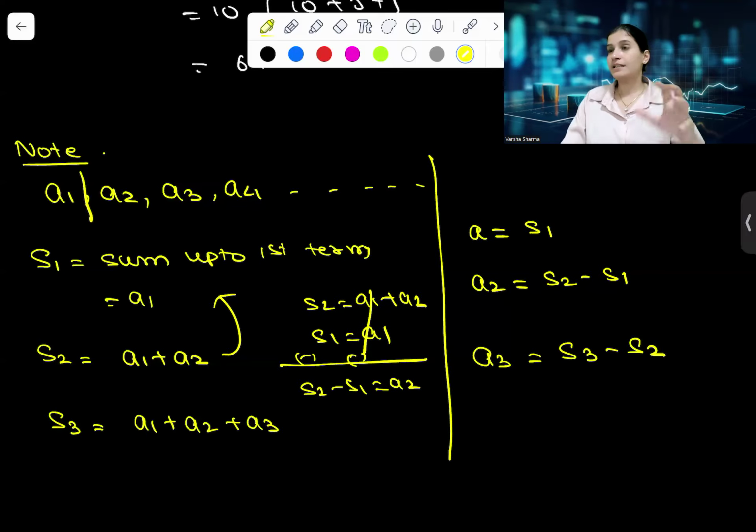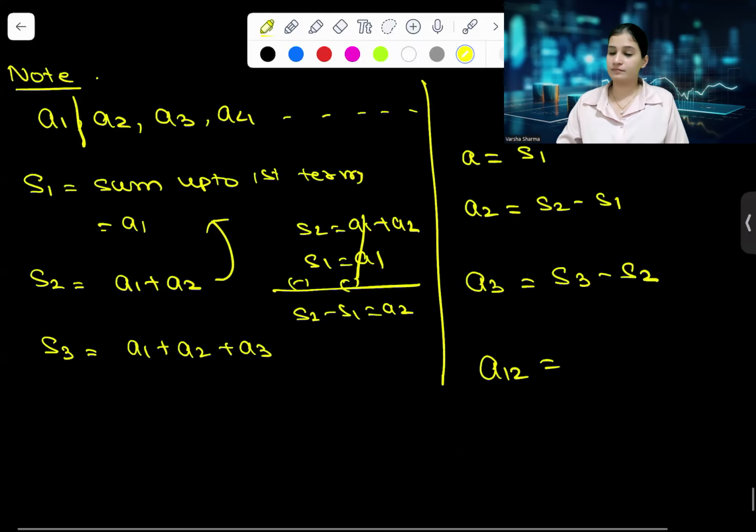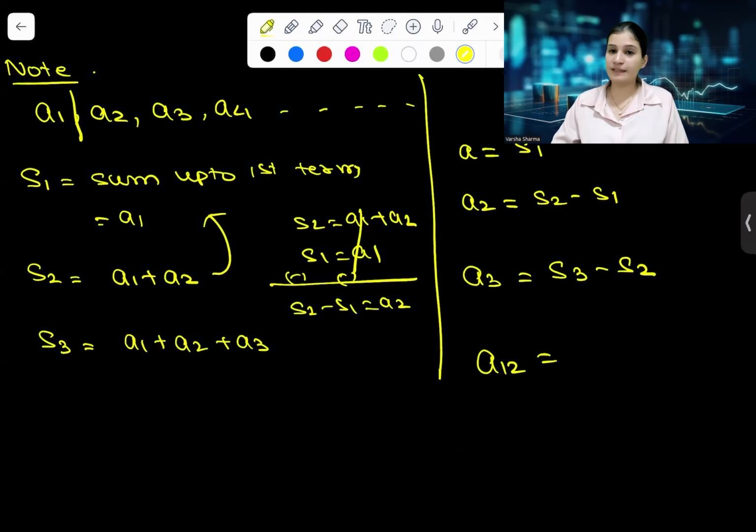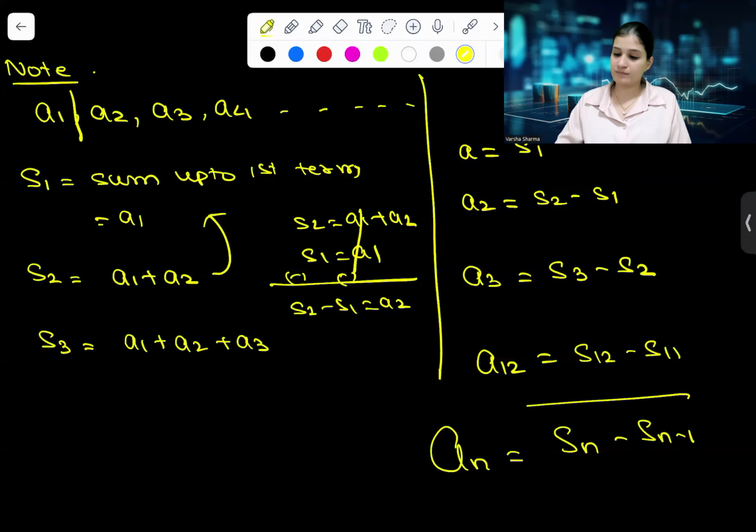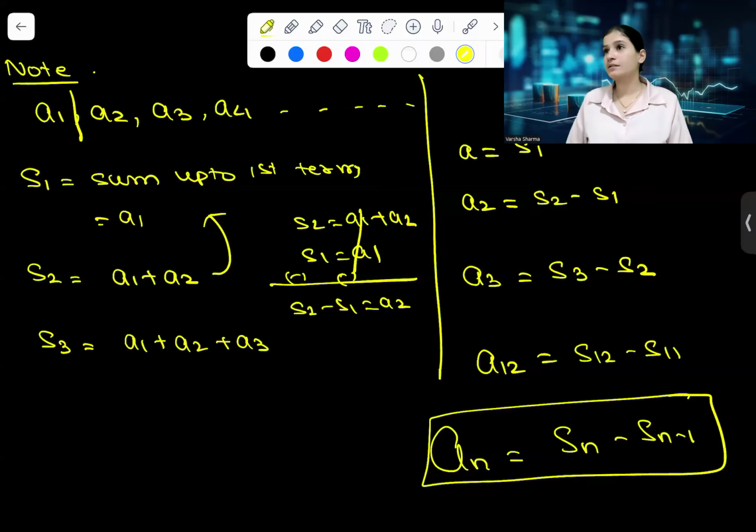There's a pattern here. The term that you want, the sum up to that minus the preceding one. So if I want A12, it is S12 minus S11. If I want An, it is Sn minus S(n minus 1). That's our formula.